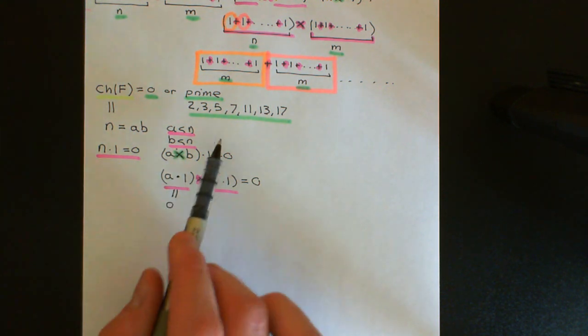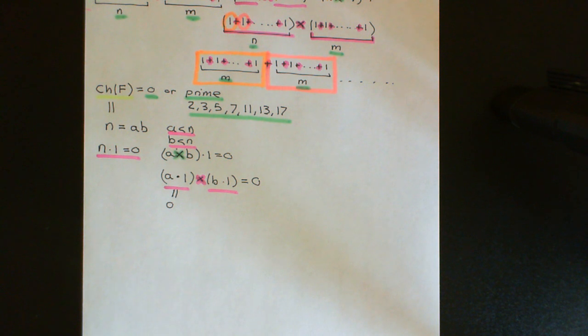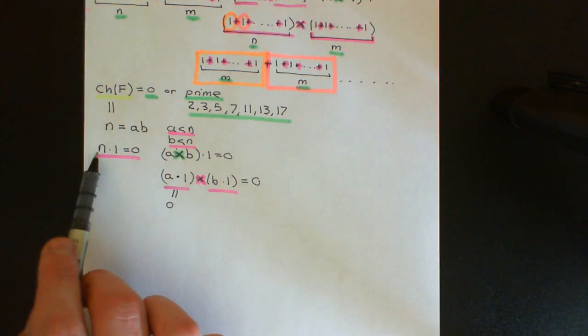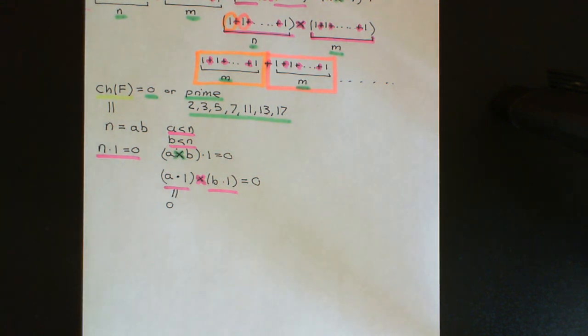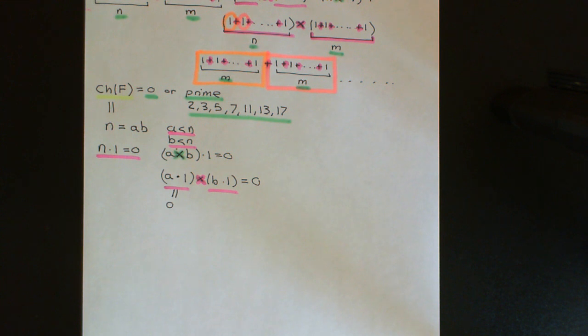But now, because the field is an integral domain, one of these two things that I'm multiplying together has to be equal to 0, and that would give a contradiction of n being the actual characteristic of the field, because we've now found a smaller natural number such that if you add 1 to itself that number of times in the field, you'll get 0.